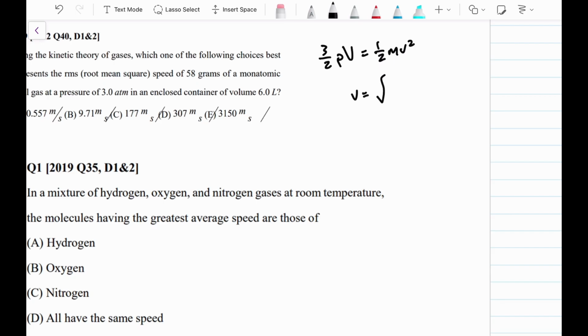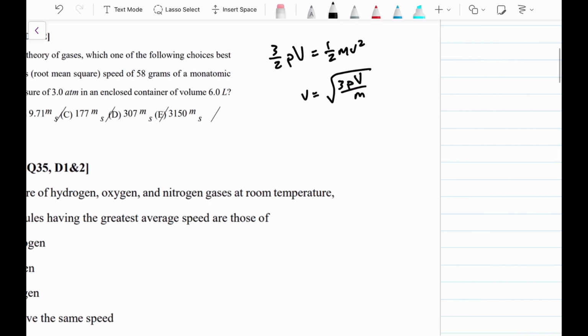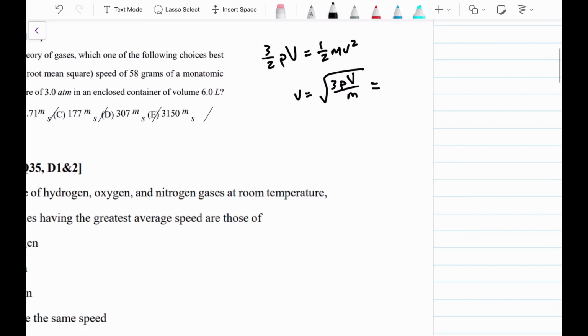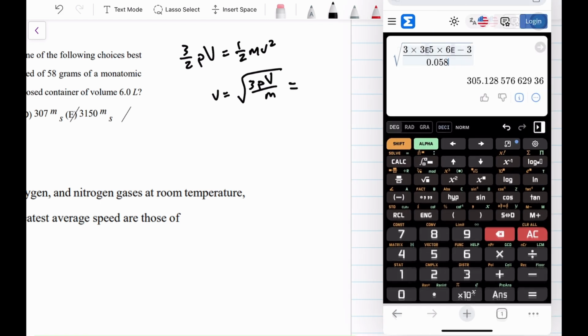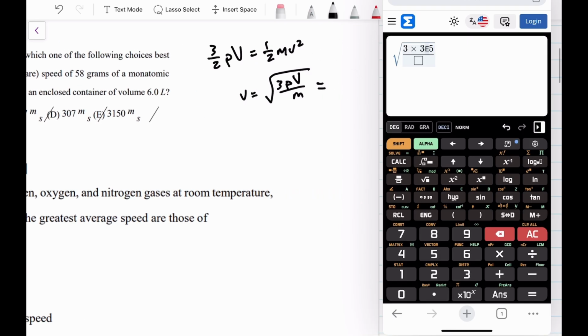So v will be equal to the square root of, we can cancel out the 1/2, and what's left will be 3PV over m. And then we can simply plug in the numbers. The pressure is given as 3 atm, so 3 times 10 to the power of 5, and then you times it by the volume.